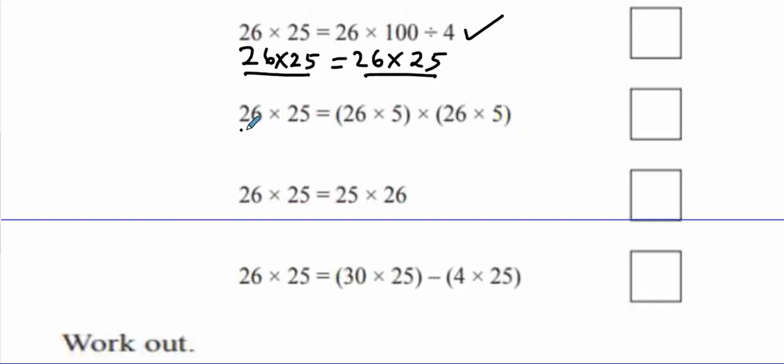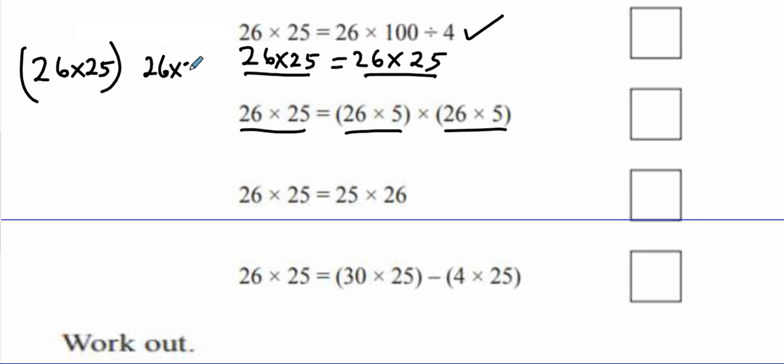Here is 26 times 25, but over here you have 26 times 5, 26 times 5. This means 26 times 5 squared.